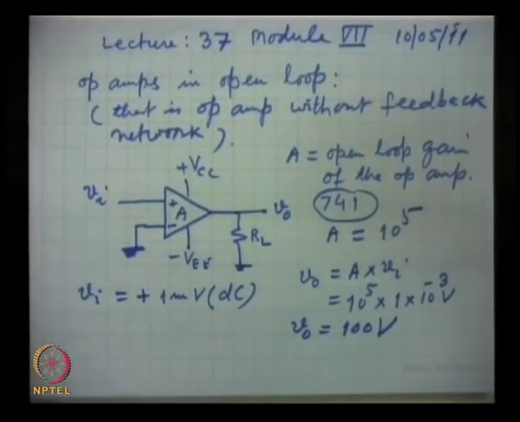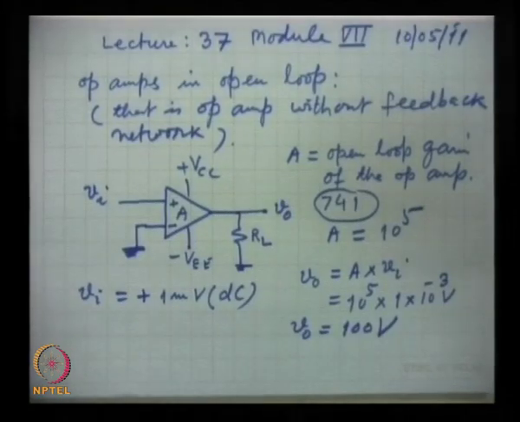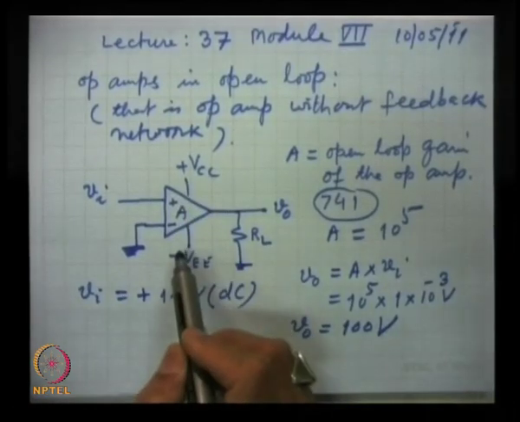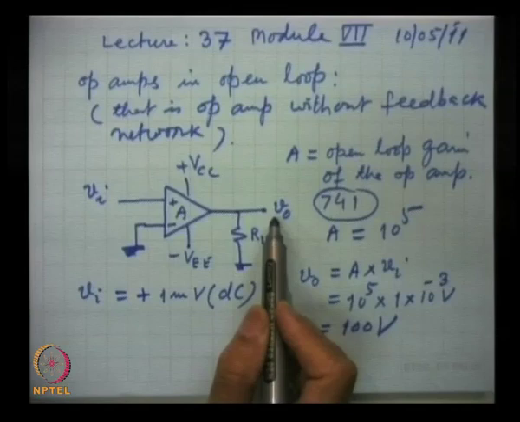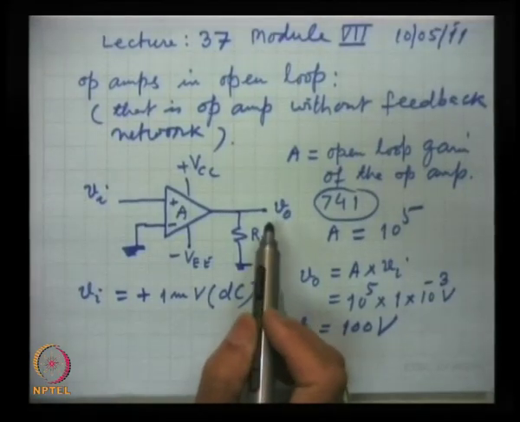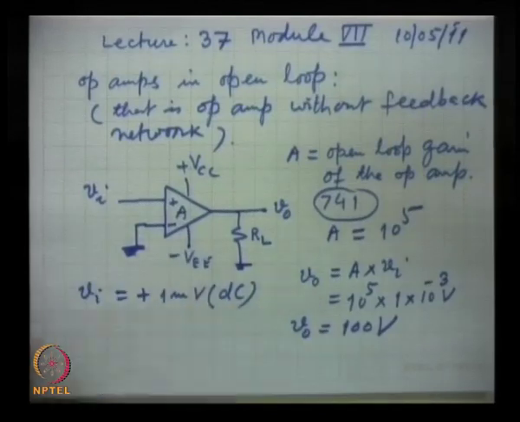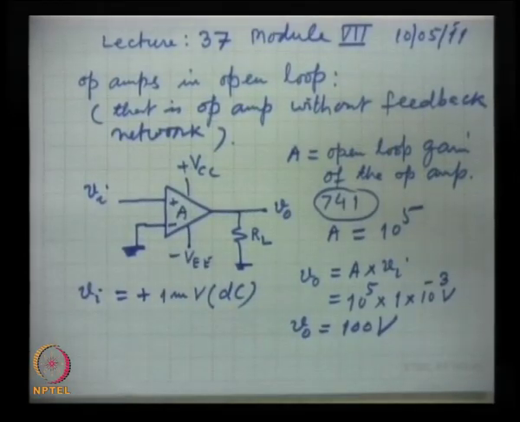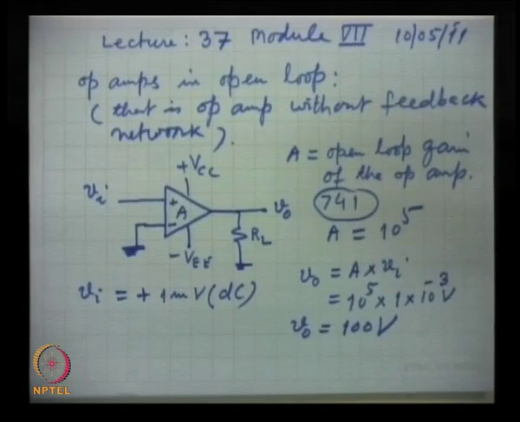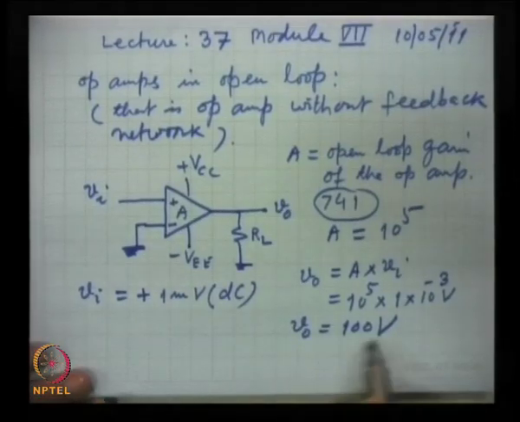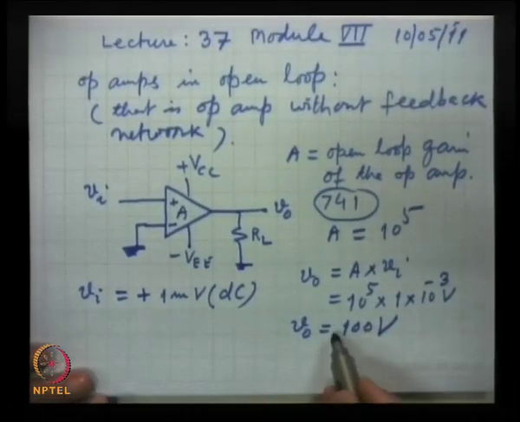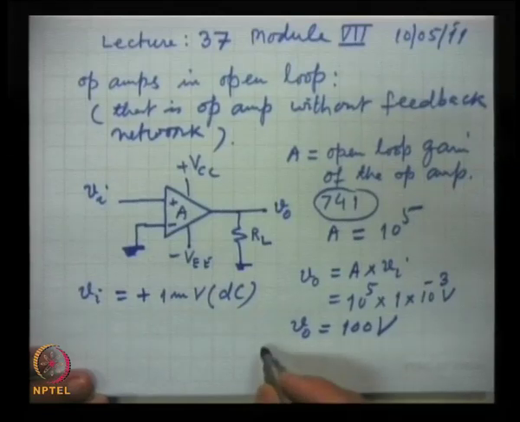Now, a very fundamental thing is that in a circuit the output voltage cannot exceed the maximum DC voltages available or applied to the circuit. Therefore, instead of 100 it will saturate at V sat.